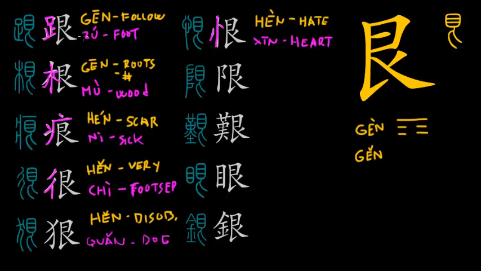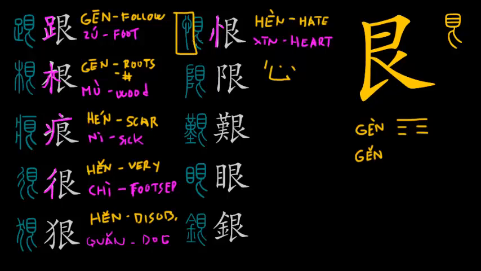And this character is also, it's very useful to see the seal script character and have it there for a visual comparison, because Xin as a standalone character is written like this. And so clearly, if you look at this and then this sort of formatted, simplified version of it, they're not very similar.